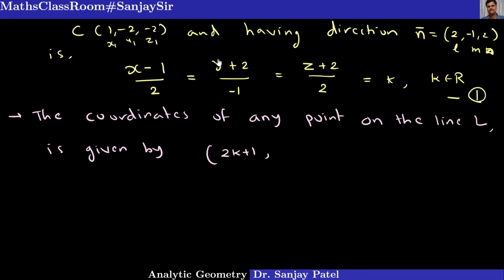Then comparing y plus 2 with this k, we will get y is equal to minus k minus 2, and z is equal to 2k minus 2.